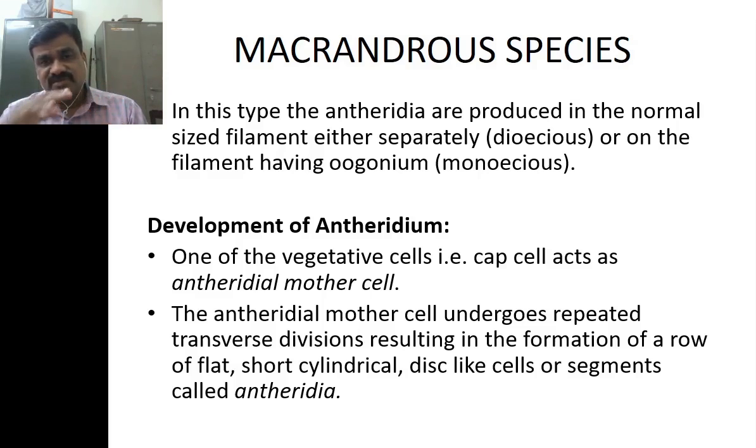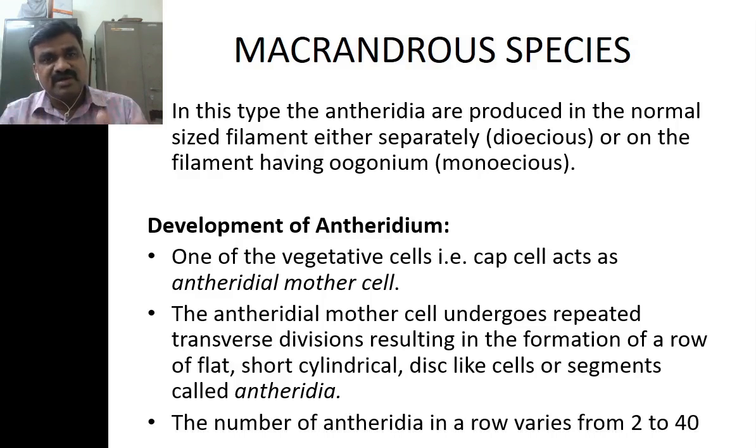The number of antheridial cells in a row varies from 2 to 40 based upon the species. So a single vegetative cell, that is the antheridial mother cell, may give rise to 2 antheridial cells or a maximum of 40 antheridial cells.